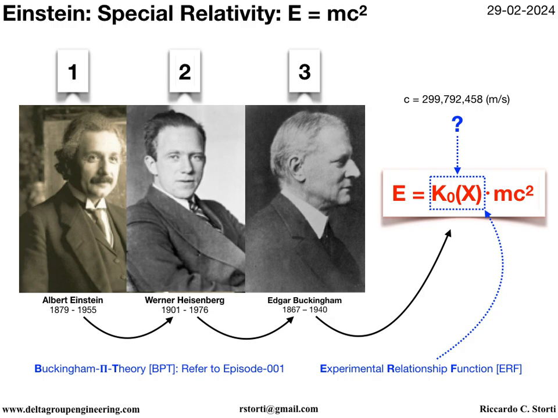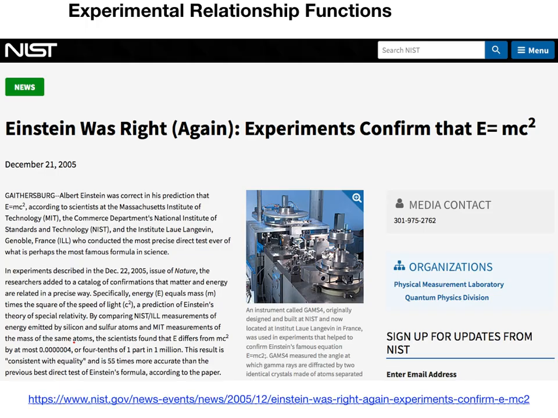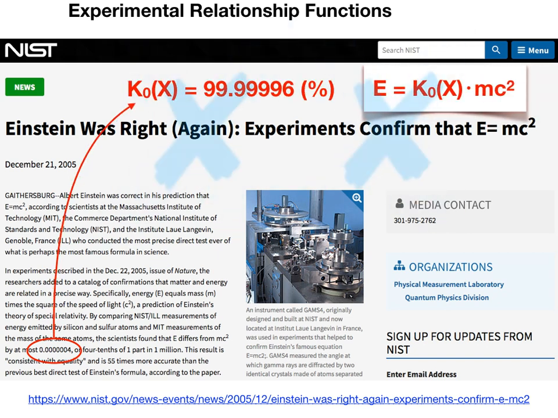Let's have a look. Fortunately, the National Institute of Standards and Technology in the USA has done the hard work for us. The 2005 experimental results that they report demonstrate that the similarity between reality and theory is significant but remains inexact.